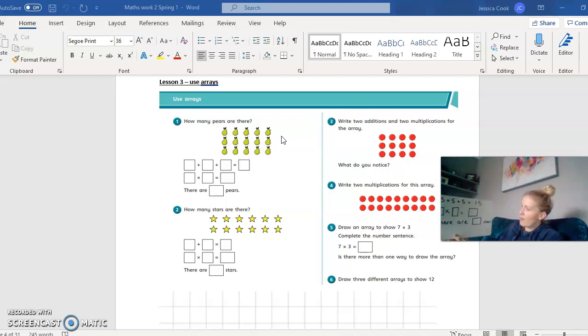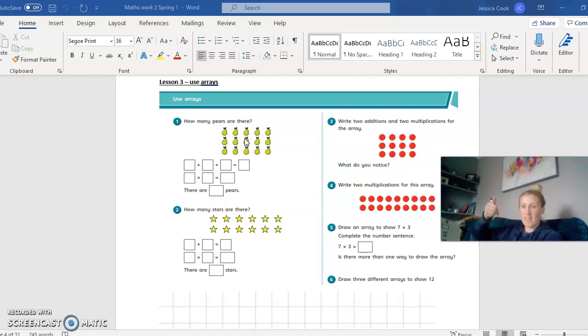So how could I write that now as a multiplication sentence? So I know I've got 3 groups. So I'm going to have 3 here because I know that means groups of. And I know that I have got 5 in each of my groups. So I'm going to put a 5 there because I've got 5 in each group, don't I?